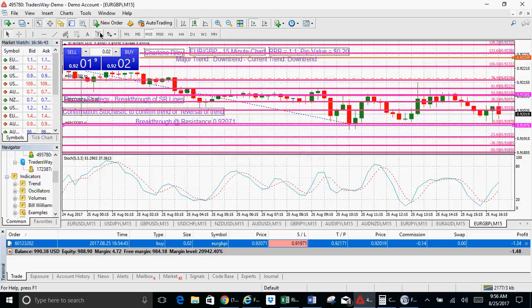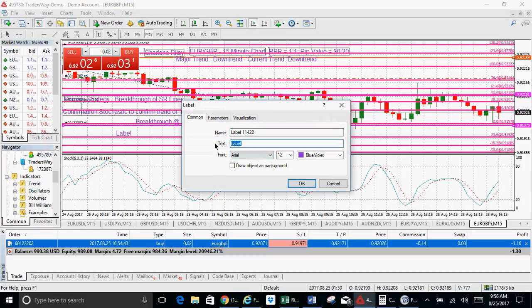And then I also had the stochastic at 65 and rising, indicating continued uptrend.